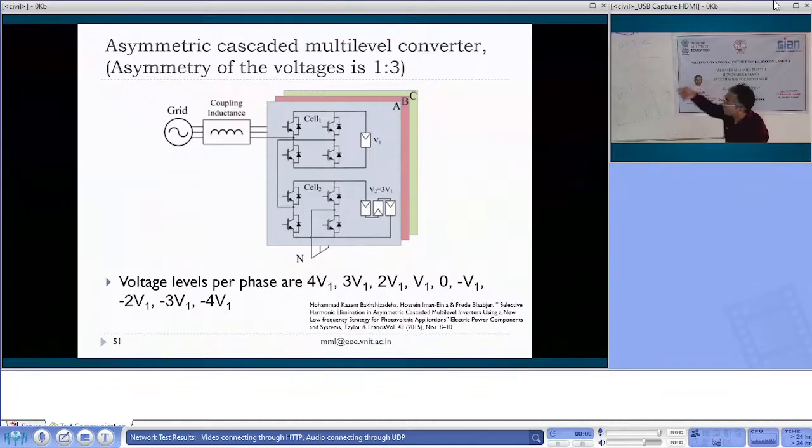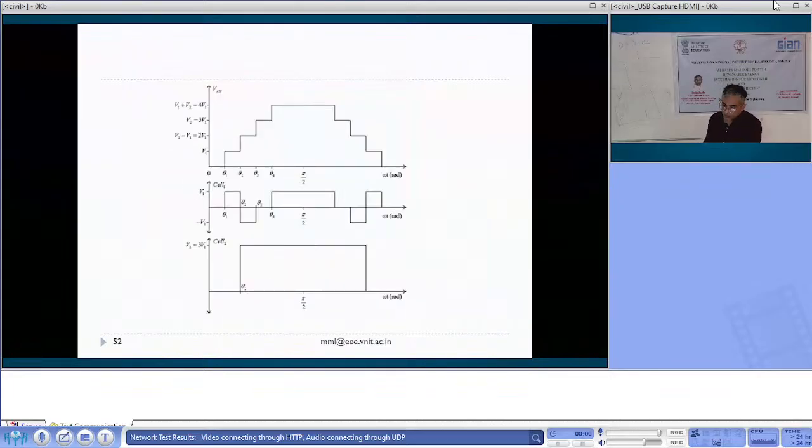So it can produce a voltage of 9 levels. Now how can the switching be done? One is a high voltage, one is a low voltage. Generally we prefer high frequency in low voltage and low frequency in high voltage. So accordingly we do the switching.